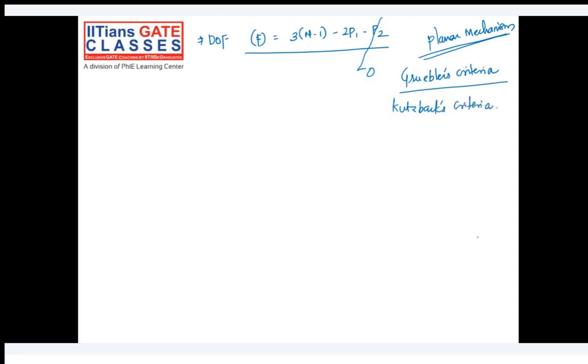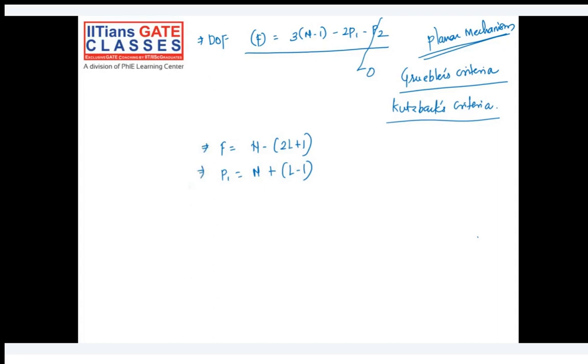A 4-bar mechanism has at least one revolving link if the sum of lengths of the largest and shortest is less than the sum of the lengths of the other two. So if L plus S is less than P plus Q, then it will have at least one revolving link. And if it is not satisfied, if it is greater than P plus Q, then absolutely you have to say that it's a rocker mechanism.